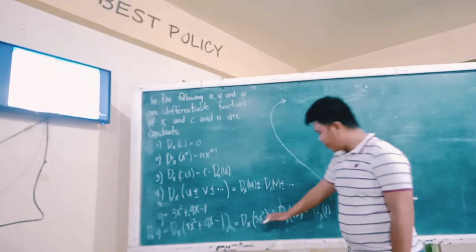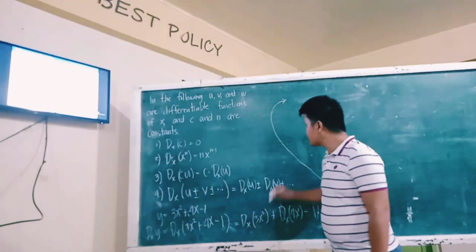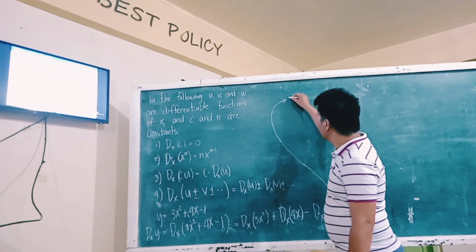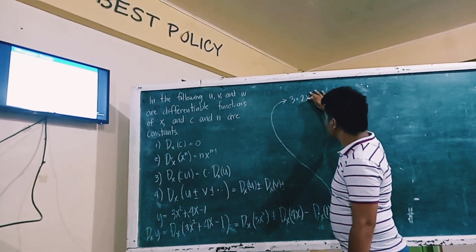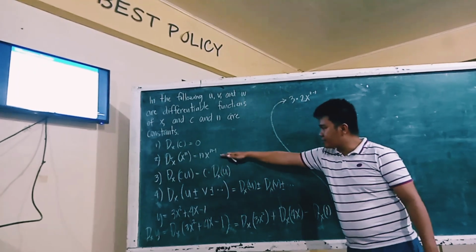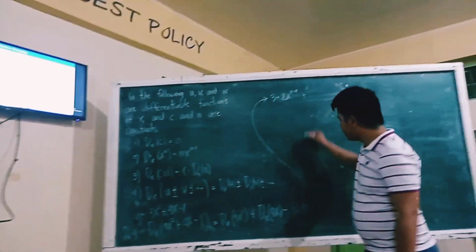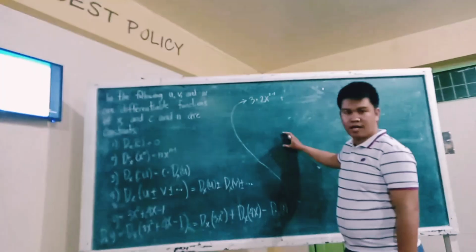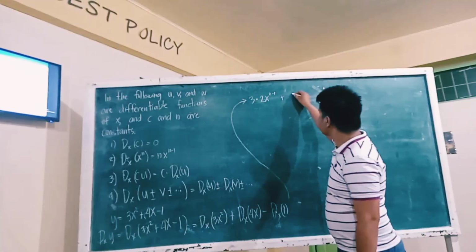So the first term, the derivative of 3x squared with respect to x, is just simply 3 times 2x to the 2 minus 1 by applying this formula. Plus, we have the derivative, as I gave an example earlier, of 4x is just 4.